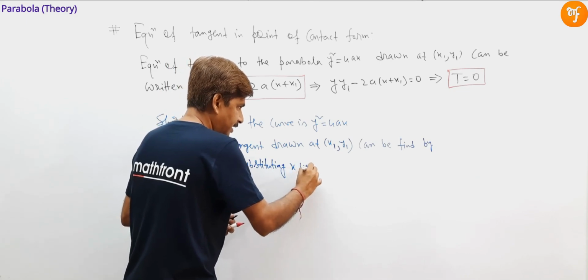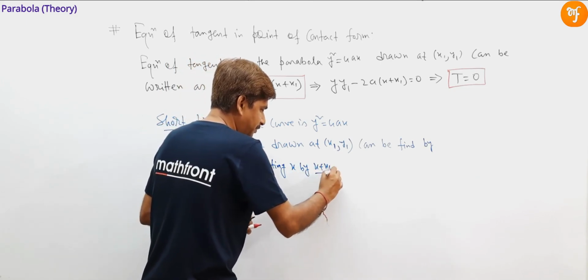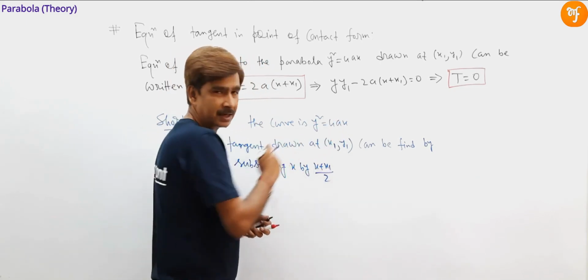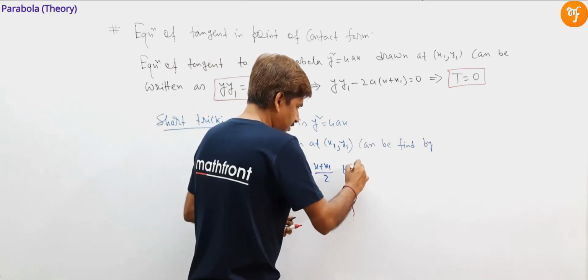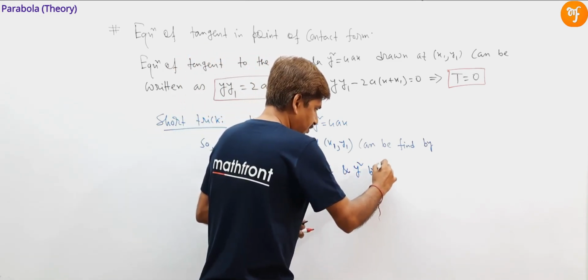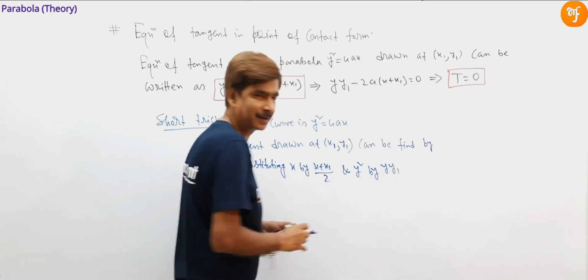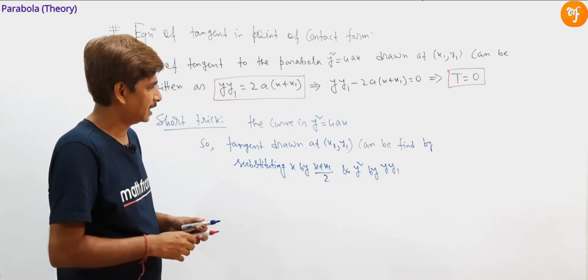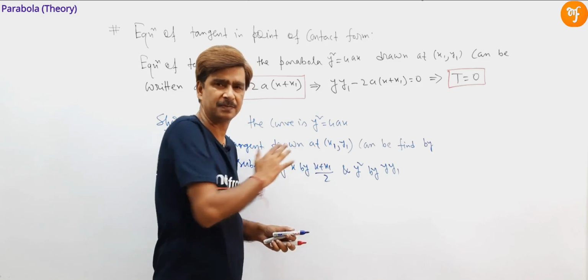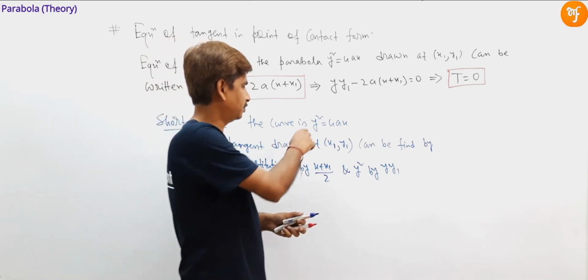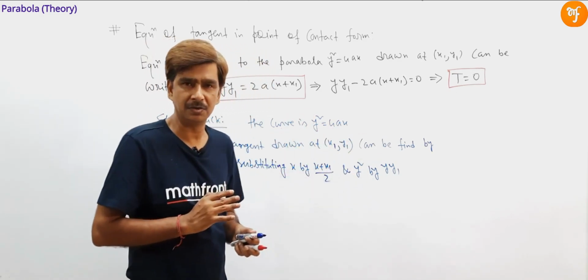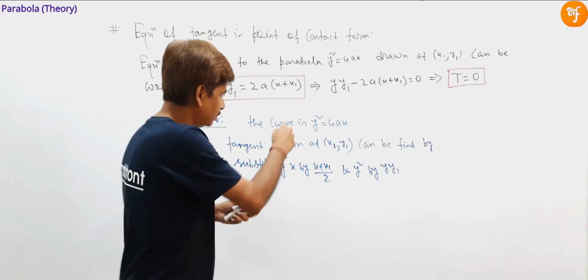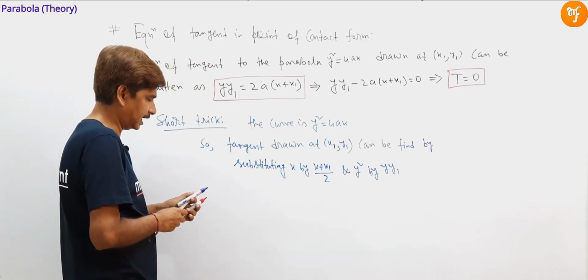x by x plus x1 by 2, because only x is there, and y square by y into y1. Is it clear? As only x is there, we write x plus x1 by 2, and as only y square is there, we write y into y1. So what will be the equation of the tangent?